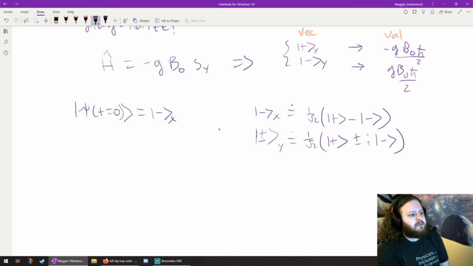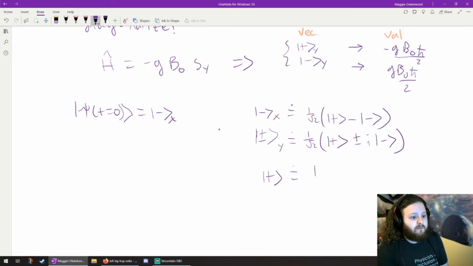So what I'm going to do is write the state I was given at t equals 0 in the z basis, and then solve for what plus and minus look like in terms of the y basis. So plus as a ket in the y basis, or as a superposition of y states. So I have a plus here, and this is plus or minus y. I can get plus by adding plus and minus y together, and then dividing by 2, basically, and normalizing.